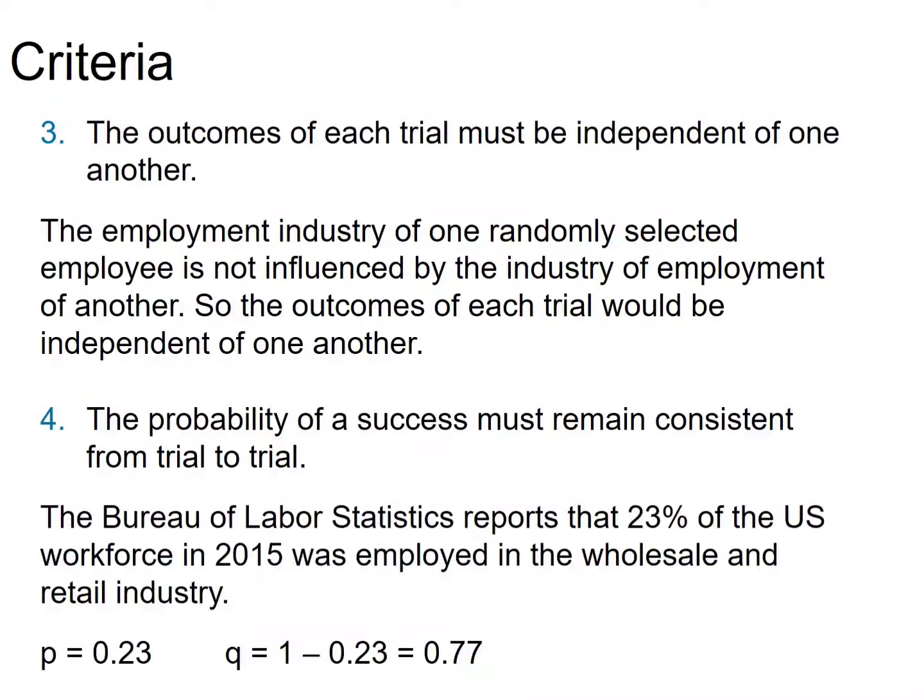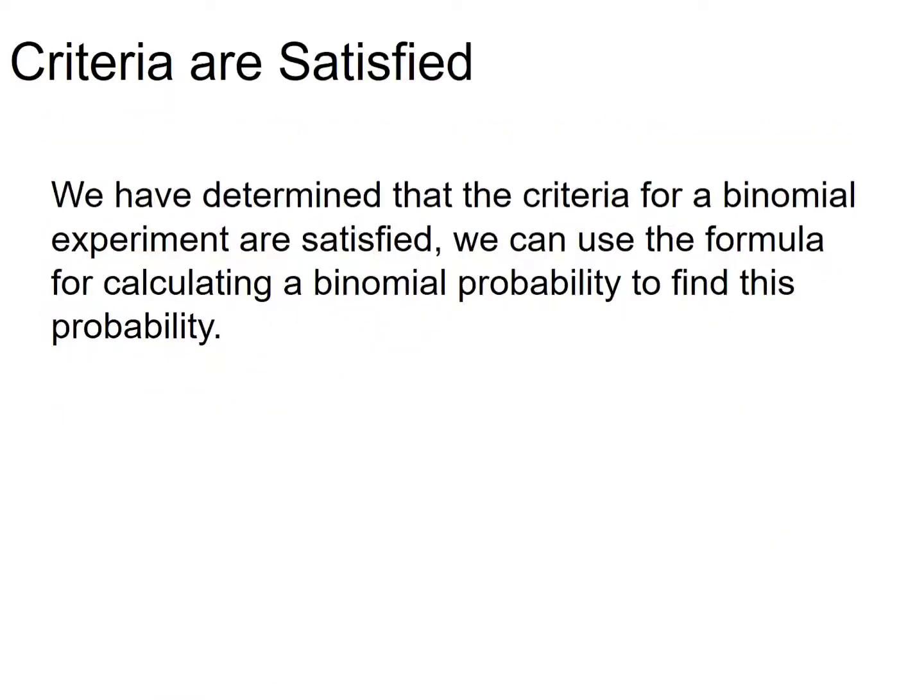And the probability is consistent because the Bureau of Labor Statistics says 23% of the US workforce was employed, so there's a 23% probability, so from worker to worker that won't change, right? So there's a 23% chance of success, meaning my P is 0.23, so therefore my Q would be 1 minus 0.23, which is 0.77.